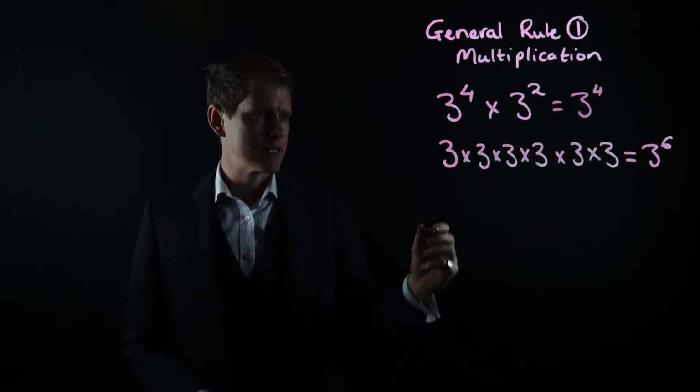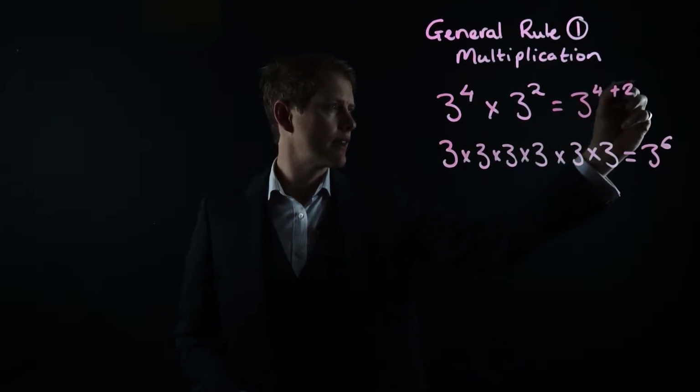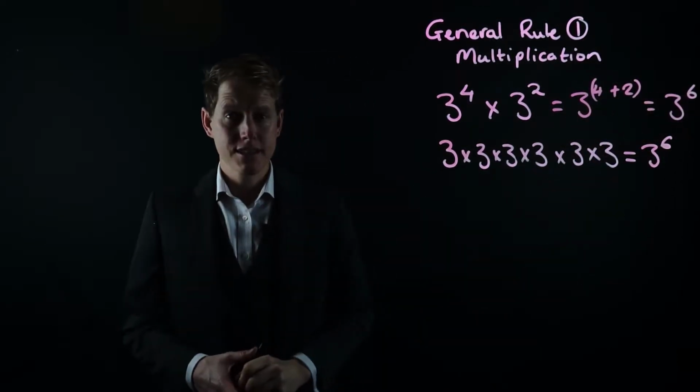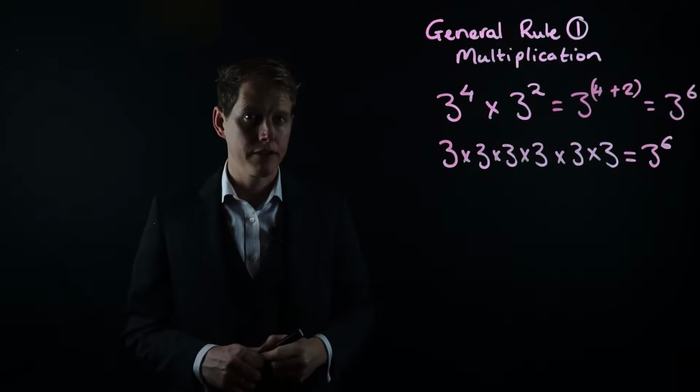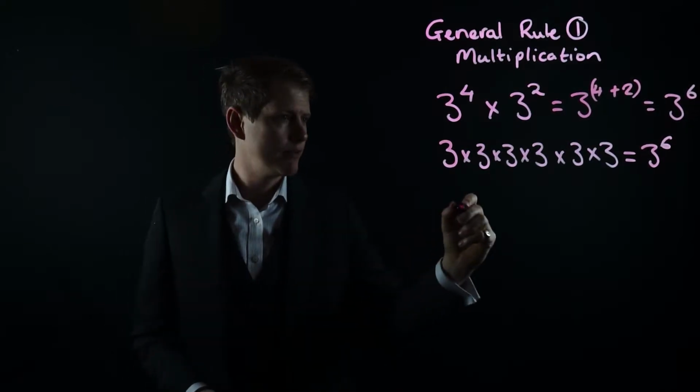When multiplying numbers like this, we can simply add the index numbers together. This doesn't only work for numbers, but would also work if we had an algebraic expression to simplify.